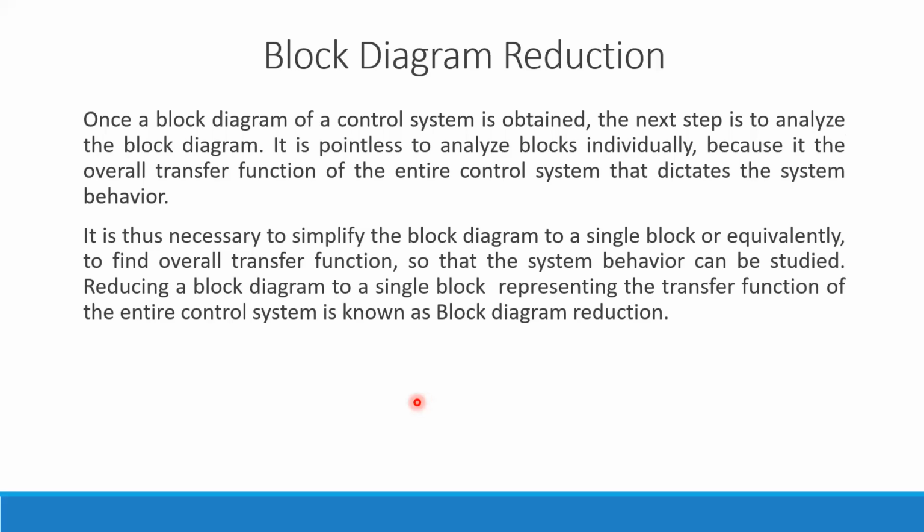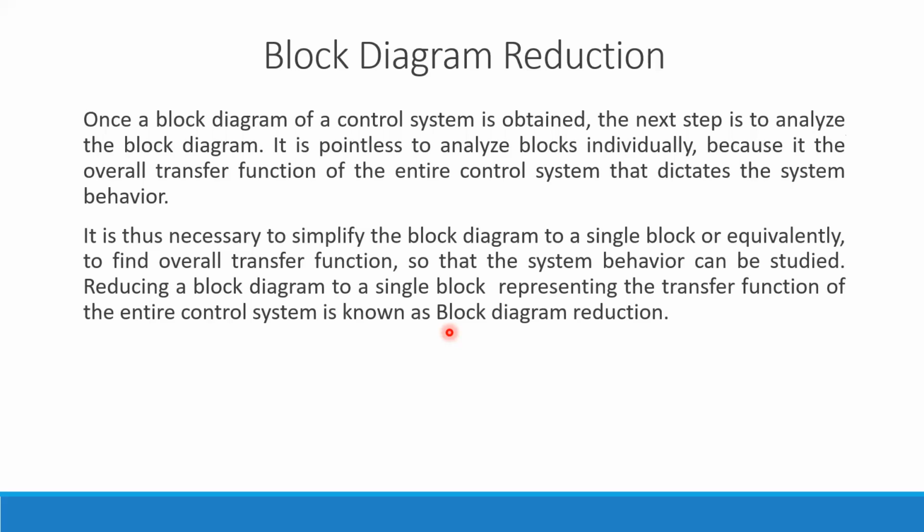So it is necessary to simplify the block diagram to a single block, or equivalently to find the overall transfer function, so that the system behavior can be studied. Reducing the diagram to a single block representing the transfer function of the entire control system is known as block diagram reduction.